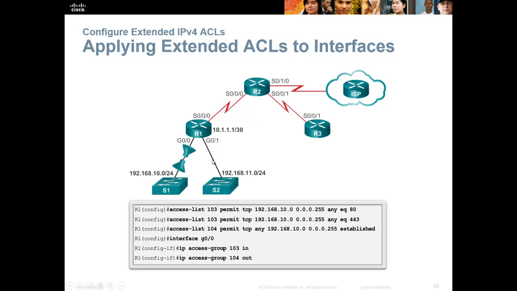But 104 is going to allow established connections outgoing. So when S1 goes out to port 80, it allows that established traffic to come back through R1. So the ACL 104 is applied outgoing back to the network. The reason for that is you've allowed a connection to the internet from this network here.